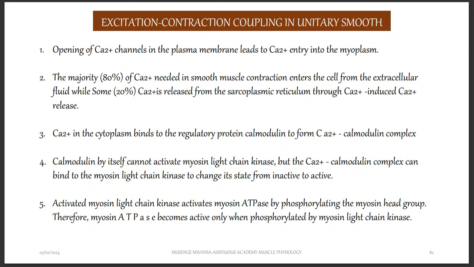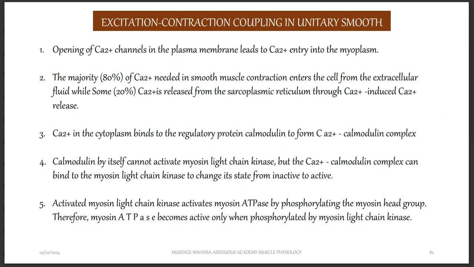Calcium in the cytoplasm is going to bind to the regulatory protein calmodulin to form the calcium calmodulin complex. Calmodulin by itself cannot activate myosin light chain kinase. But when calcium binds to calmodulin, the calcium calmodulin complex is going to change myosin light chain kinase from being inactive to being active.